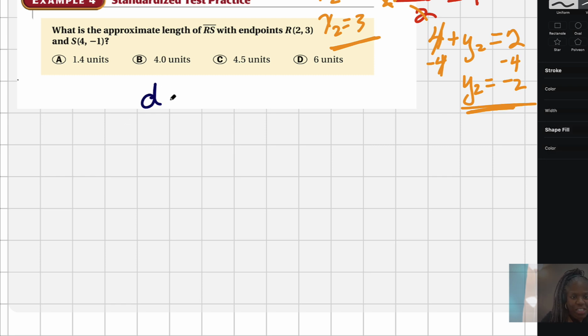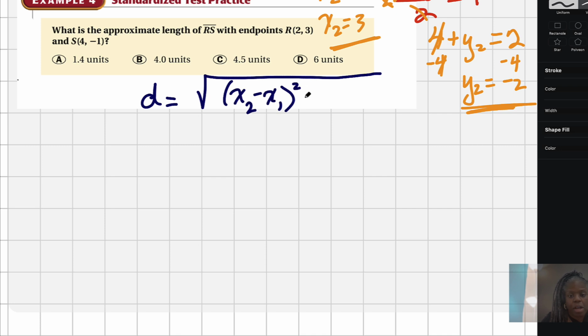So the distance formula tells me that D is equal to the square root of the difference between the x terms, x sub 2 minus x sub 1, quantity squared, plus y sub 2 minus y sub 1, quantity squared, and I'm going to take the square root of it.